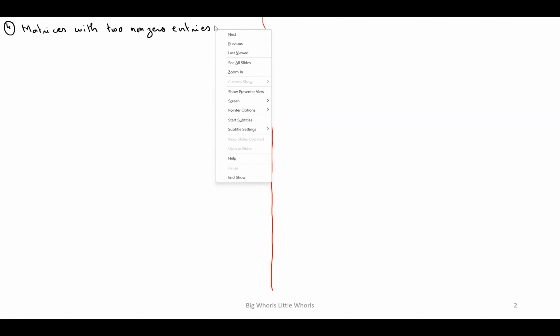Another remark, number 4. Matrices with two non-zero entries.